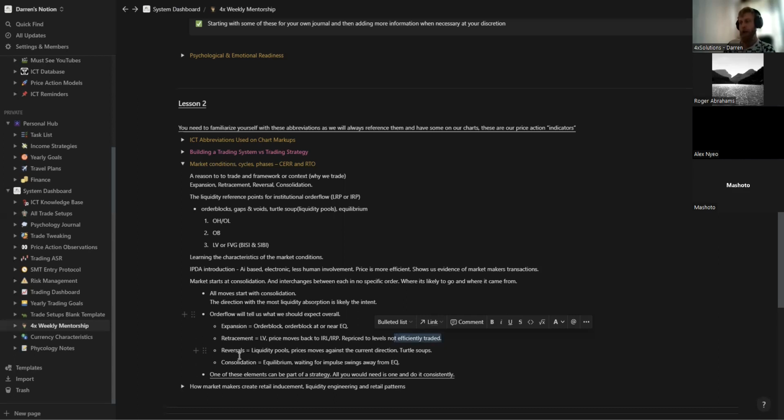And reversals: there needs to be some kind of liquidity pool, and price moves against the current direction.